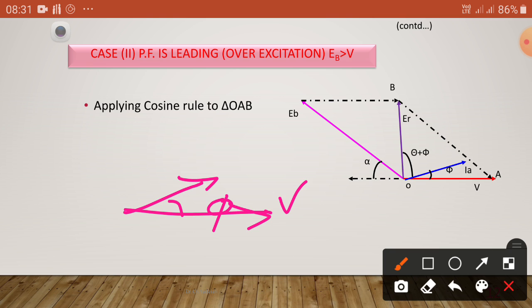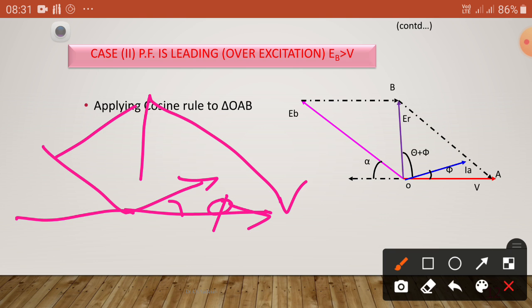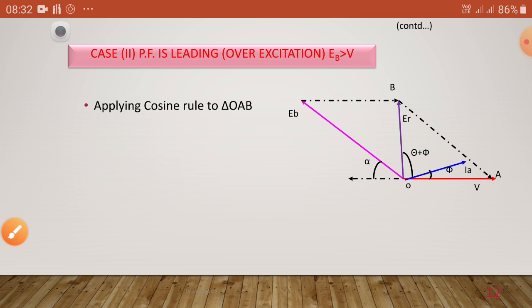Everything else is the same: here EB, the resultant ER, and the angle theta is for ER. That is the only difference. The current shifts in the anti-clockwise direction and leads the voltage by an angle phi due to the over excitation condition.